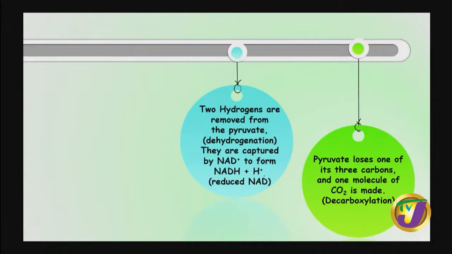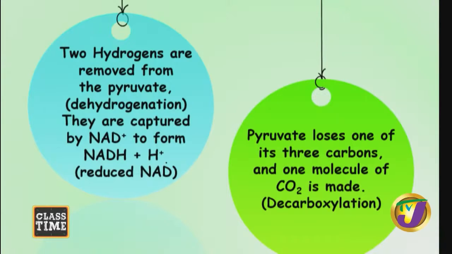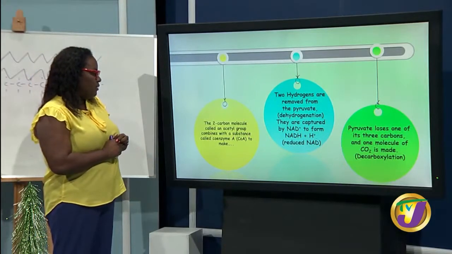Remember from previous classes I said to you that anytime a compound or a molecule gets hydrogen attached to it, it is being reduced. When it loses the hydrogen, it is being oxidized. When it gains hydrogen, it is being reduced. That's just a chemistry term for the process.